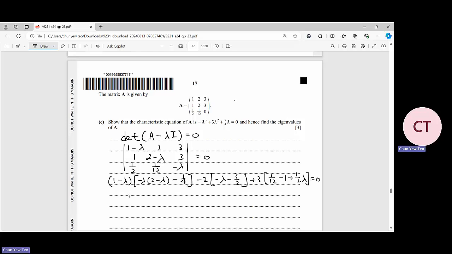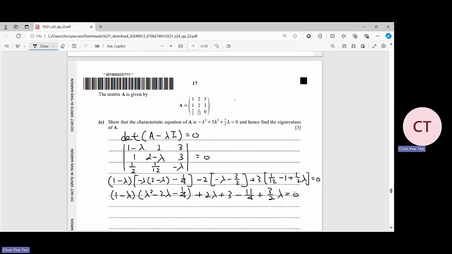So this one you need to expand carefully: (1 minus lambda) square minus 2 lambda minus 1 over 4 plus 2 lambda plus 3, minus 11 over 4 plus 3 over 2 lambda.